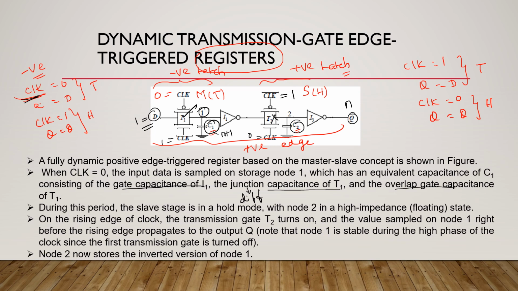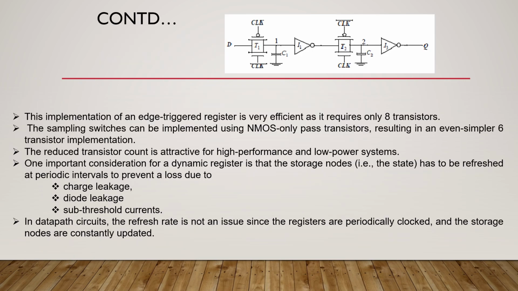Here we have to know how many transistors are required. See here, how many transistors are required to design our dynamic register. For transmission gates, we are using two transmission gates. Each transmission gate requires two transistors, so totally four.